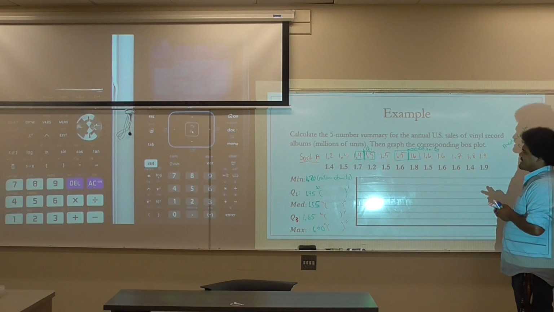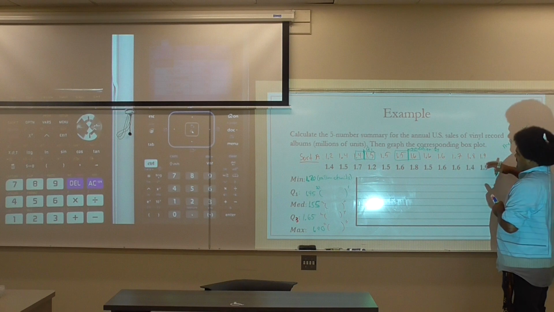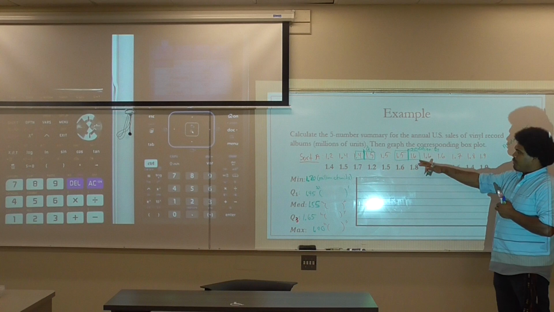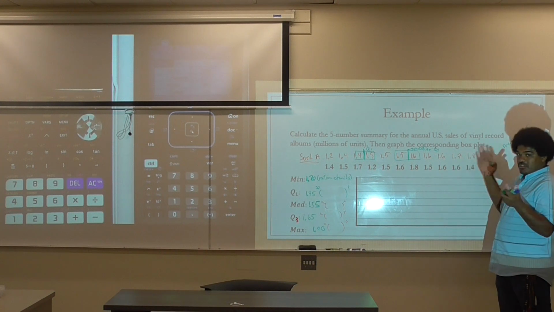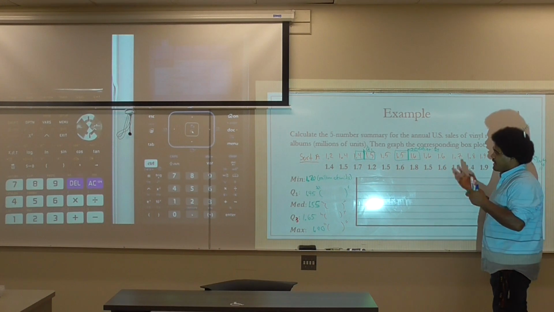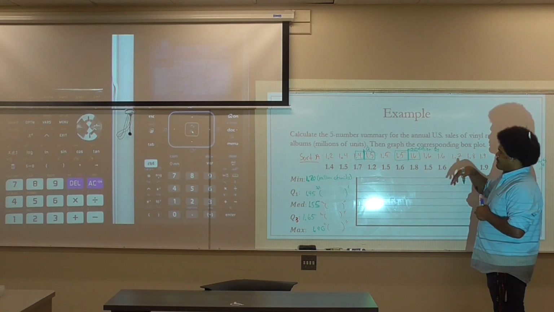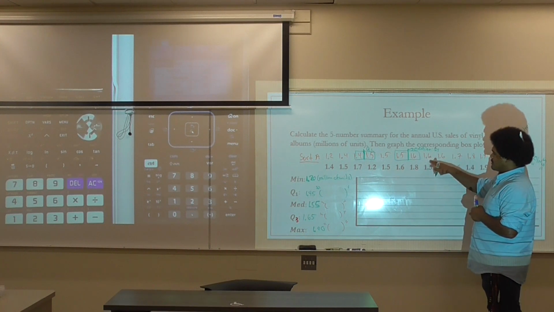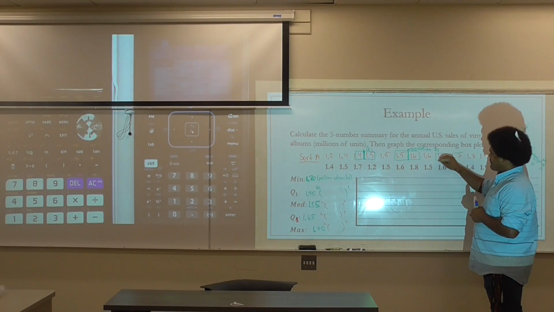And last, the same thing happens over here with the top 50% of the data. We do the same thing and count 1, 2, 3, 4, 5, 6, still, because it's neutral on both sides. I'm doing the same jumps, so it's between the 3rd and 4th values within this region. So 1, 2, 3, here I am.